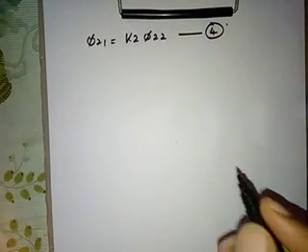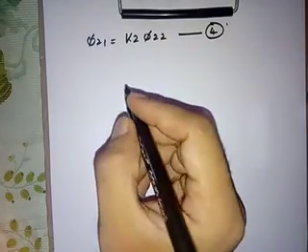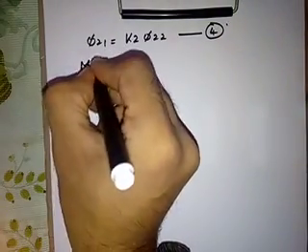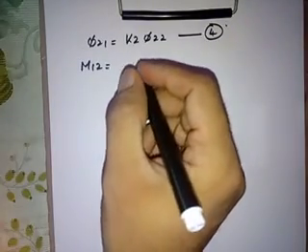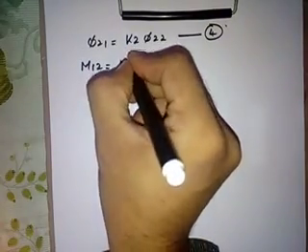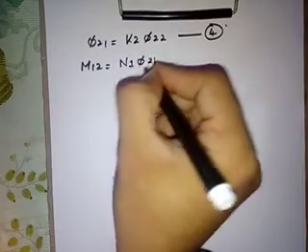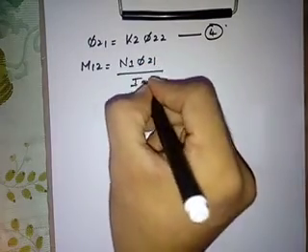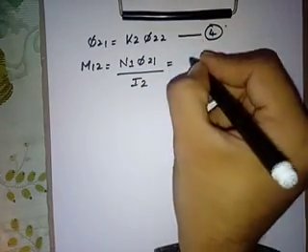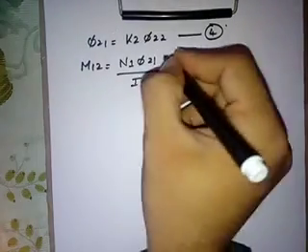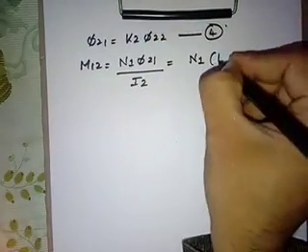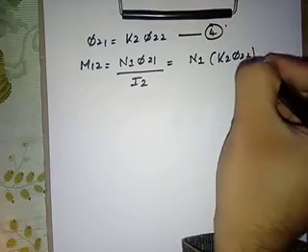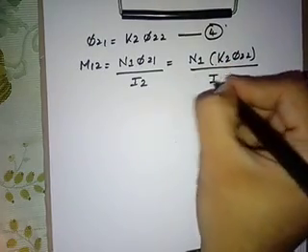Then writing the expression for mutual inductance M12. We have already written the expression for M12 in our previous topic. That is N1 phi 21 divided by I2. This is equal to N1, and we just wrote phi 21 is K2 phi 22, so K2 phi 22 divided by I2.